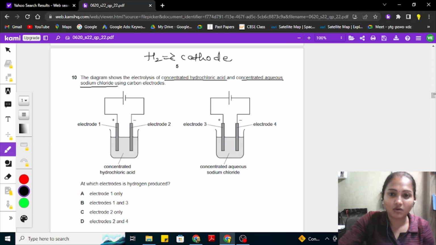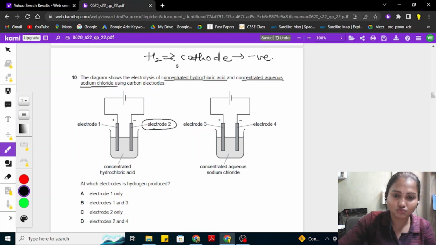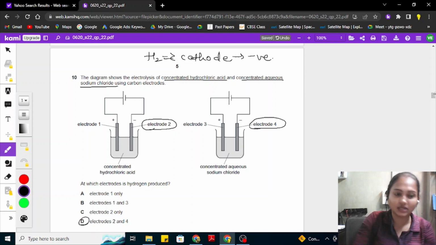And we have again concentrated aqueous sodium chloride. We're going to get hydrogen only. Always remember, cathode is a negative electrode. So let's see on which electrodes do we get it. Negative electrode in the first one is 2, and in the last one, the second one, is 4. Therefore, the option 2 and 4, D, is correct for us.